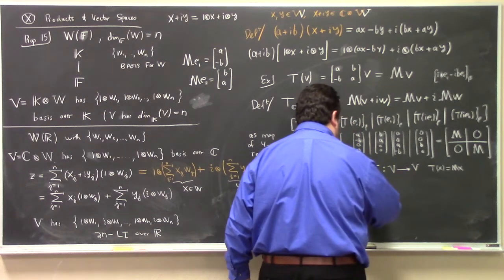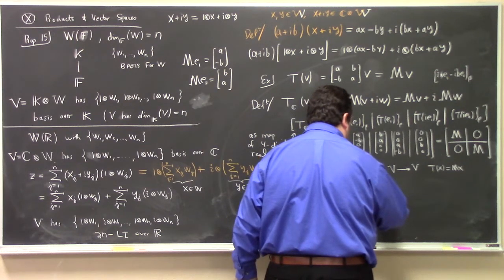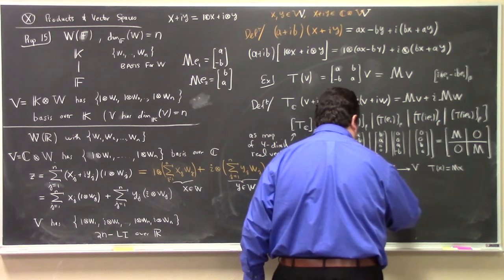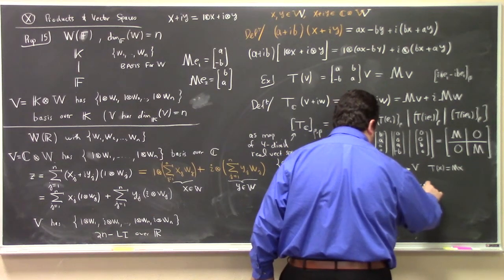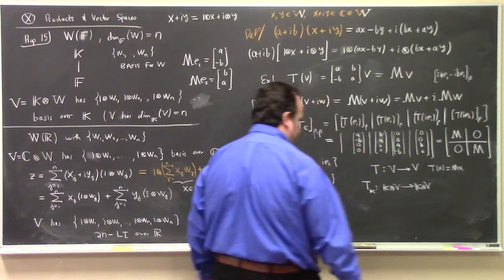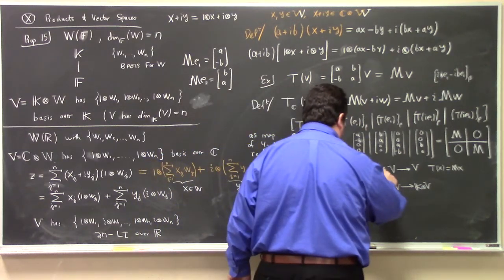And then you were to define T sub K, the K-ification of T, which is a mapping from K tensor V to K tensor V, right? And suppose this is over F, right?